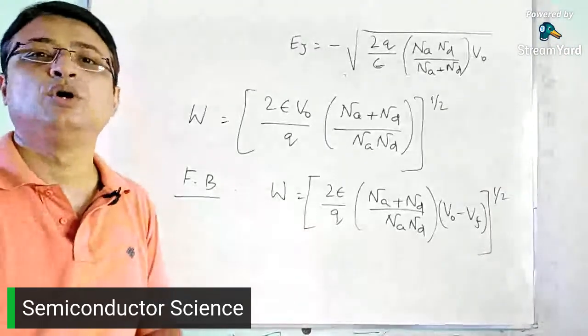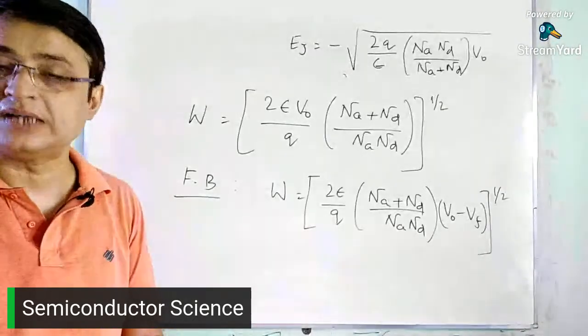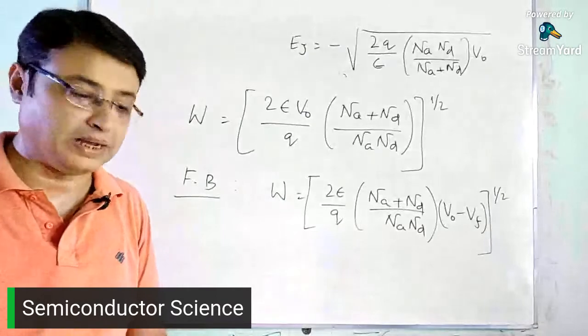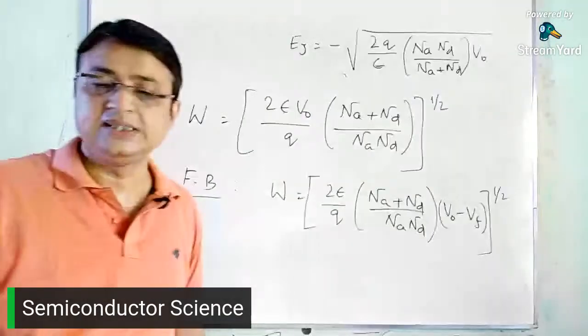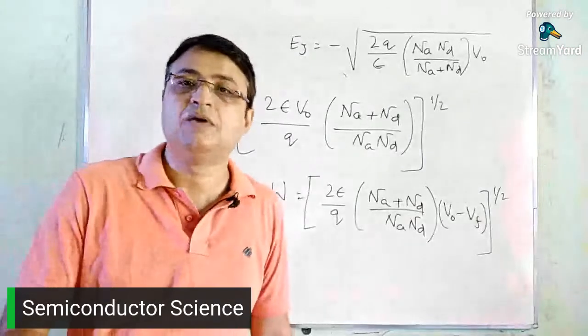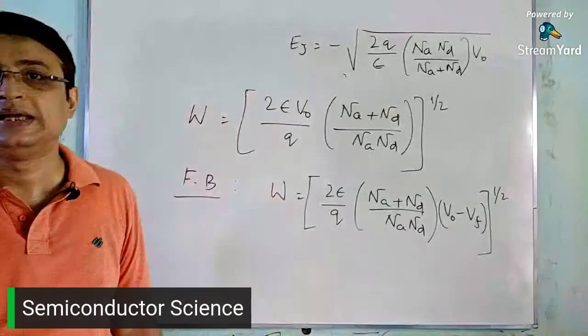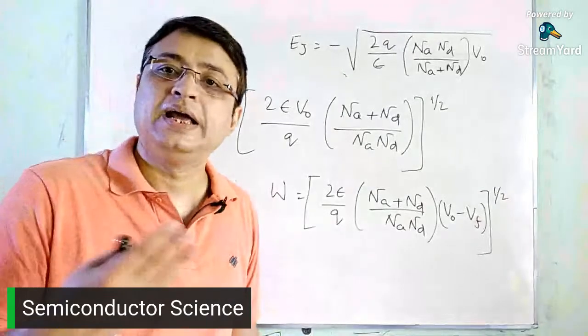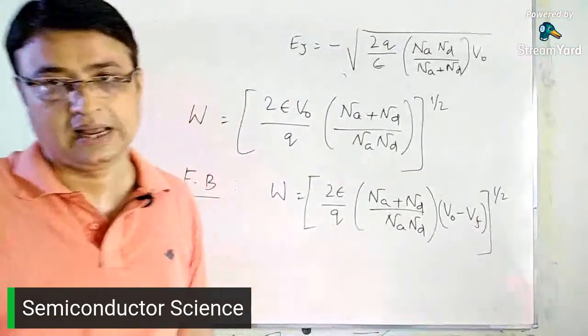Similarly, if you apply a reverse bias, V0 minus Vf changes to V0 plus Vr, and that is the reason why the depletion layer width increases whenever a reverse bias is applied.